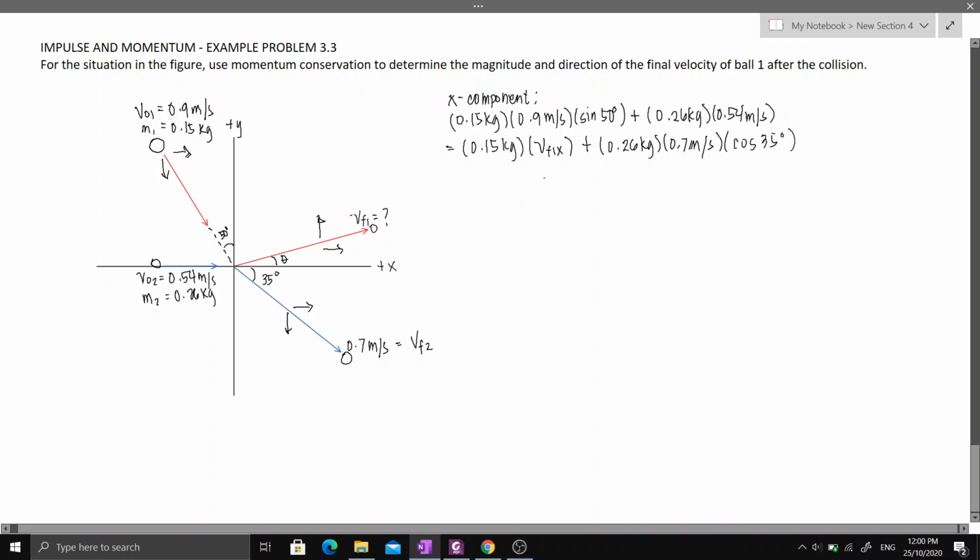So solving for v sub f1x, this is equal to 0.6313 meters per second.